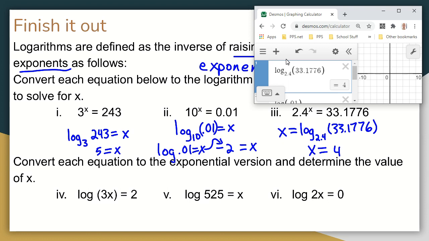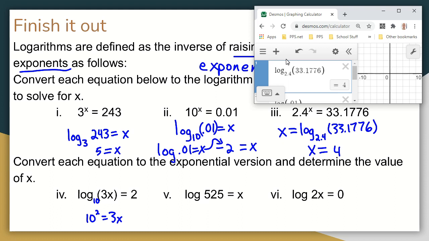It's important to remember that when there is no base written in here, it is automatically base 10. So here we have 10 squared, 10 to the second power. Remember, a logarithm is an exponent. So that means our exponent is 2. So that equals 3x.